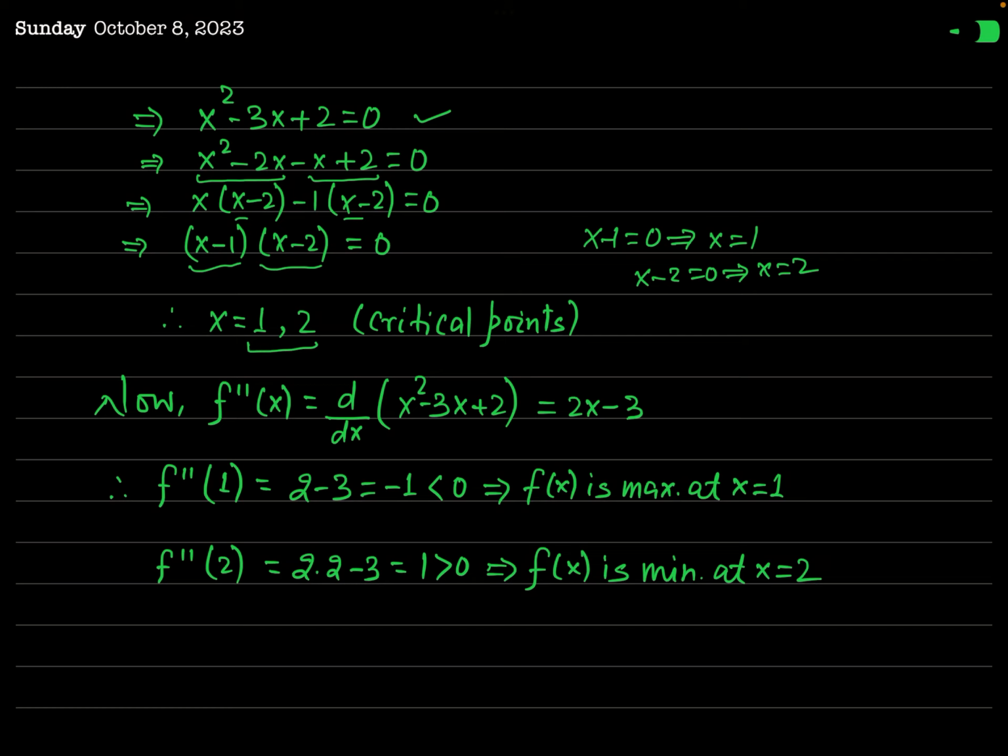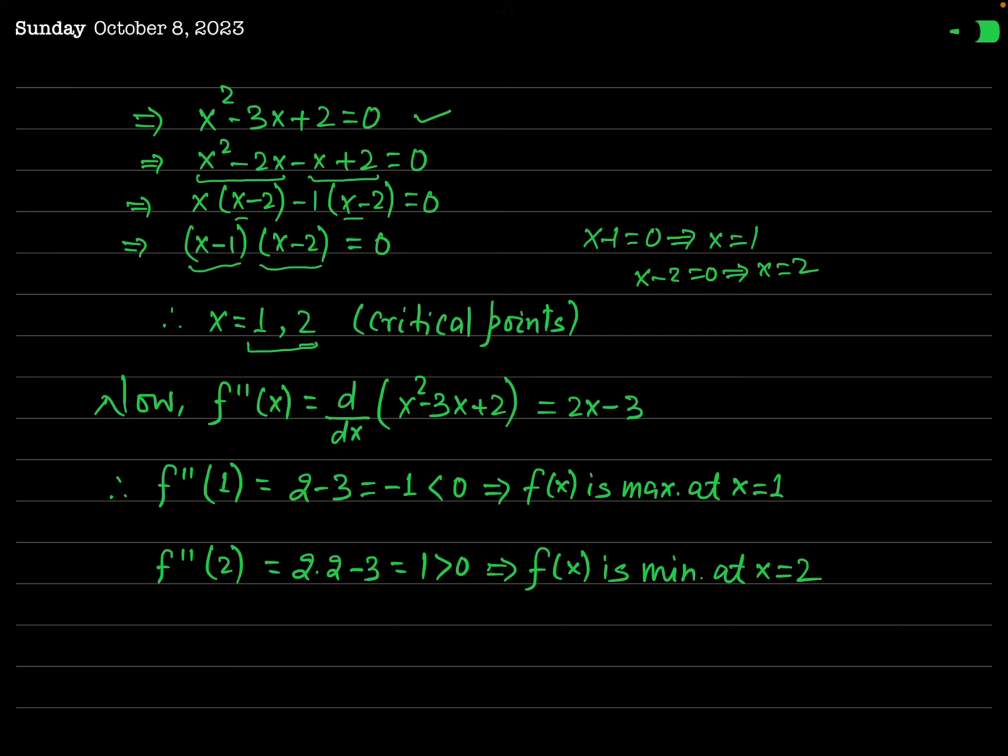But we have to now decide at the first critical point, x equal to 1, whether our function has a local maximum value or a local minimum value. And similarly, at the second critical point 2, we will have to make a decision whether our function is maximum or minimum.